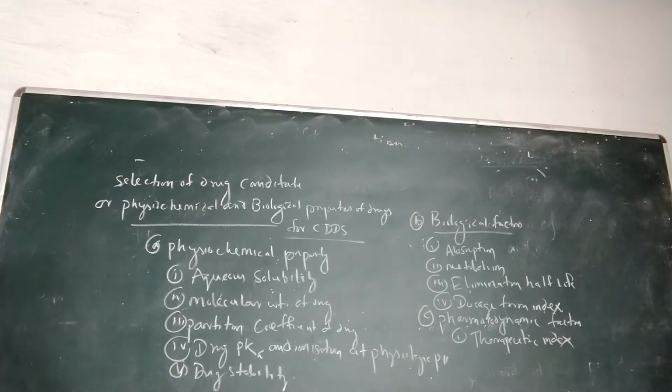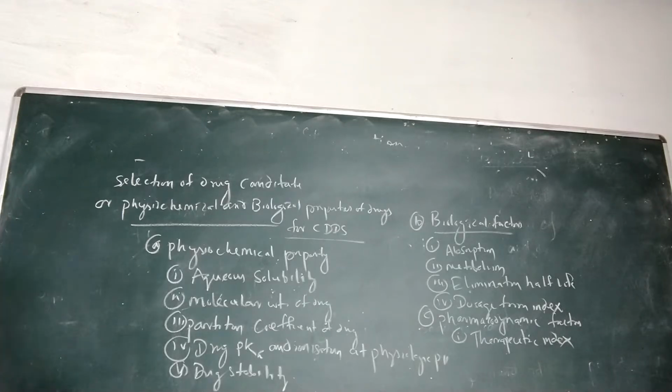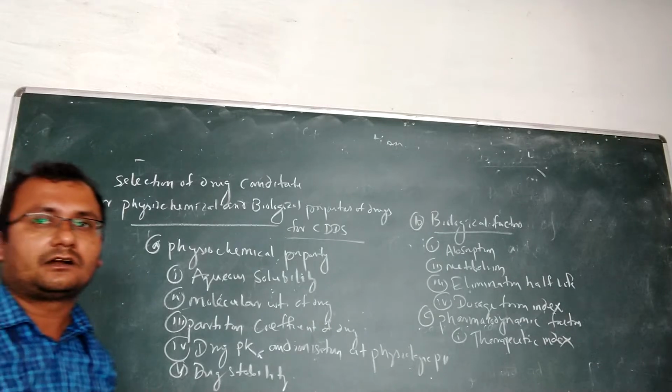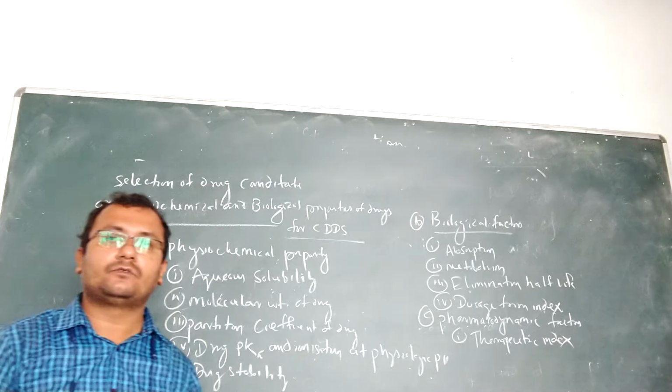Generally, to optimize a formulation of a controlled drug delivery system or to improve the performance of these formulations, we need proper release from the formulation. That means if the drug does not release properly from the formulation, then it won't work.